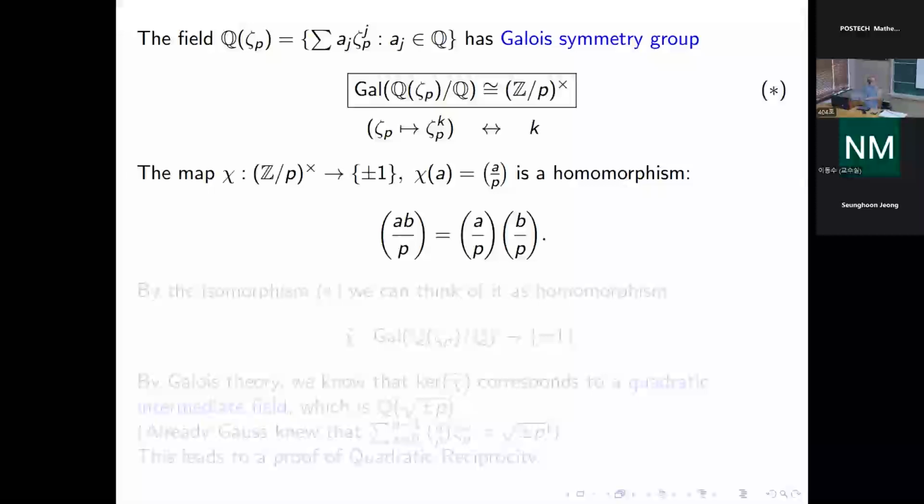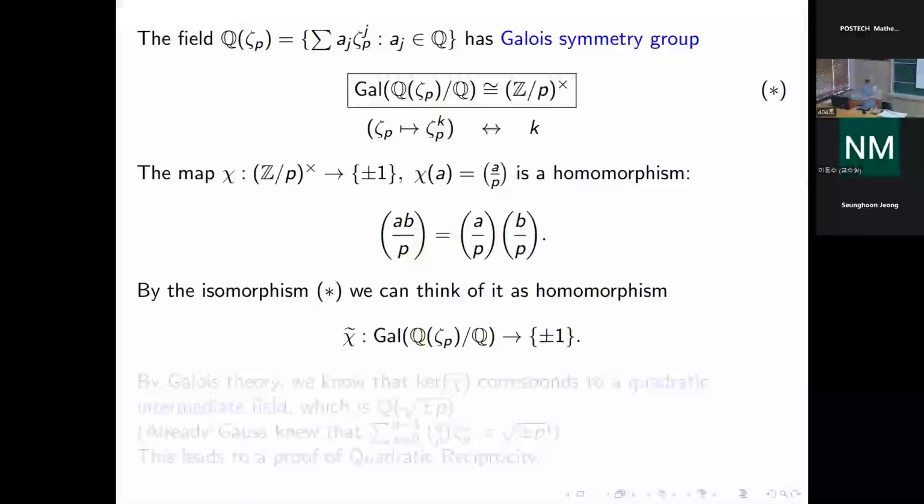And this so-called Legendre symbol is multiplicative. So if A and B are both squares, then AB is also a square. If one of them is a square and the other isn't, then the product isn't, and so on. So we get the homomorphism property that (AB over p), or chi(AB), is chi(A) times chi(B).